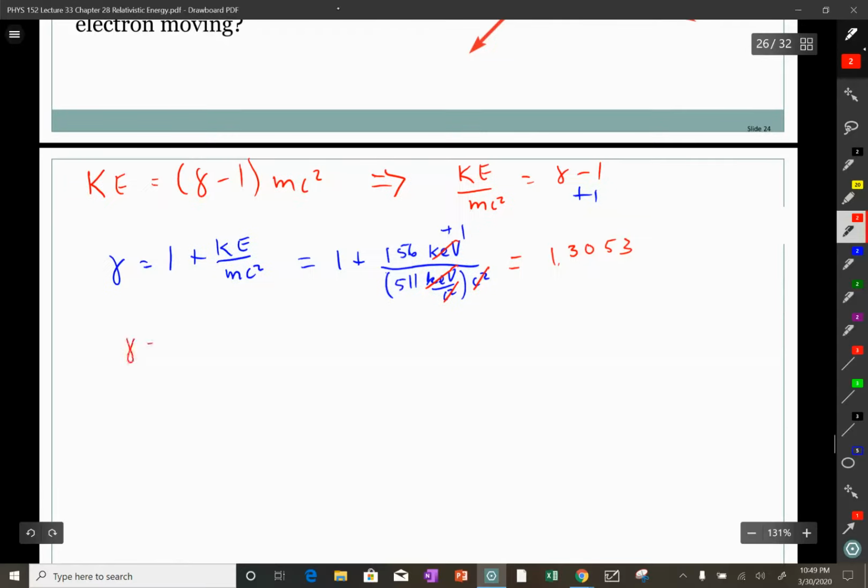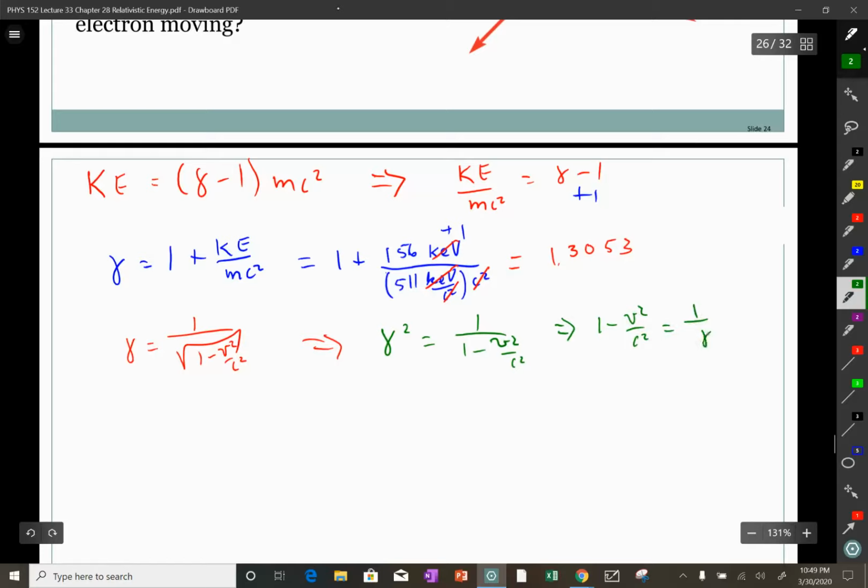So since gamma is equal to 1 over the square root of 1 minus v squared over c squared, if I square both sides, I will have gamma squared is equal to 1 over 1 minus v squared over c squared. Just swap and you have 1 minus v squared over c squared equals 1 over gamma squared.